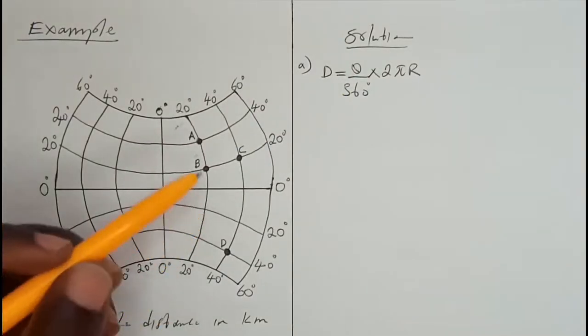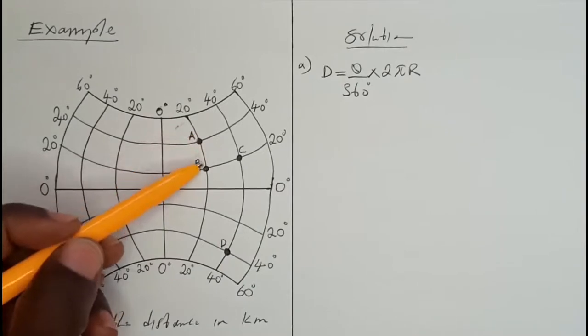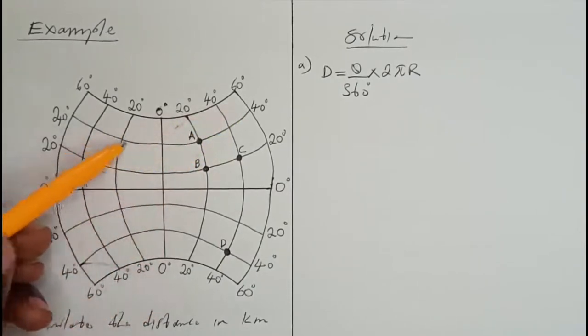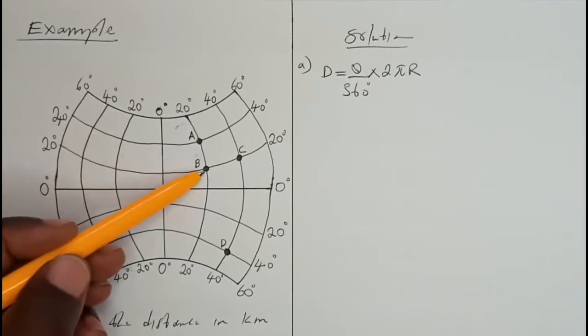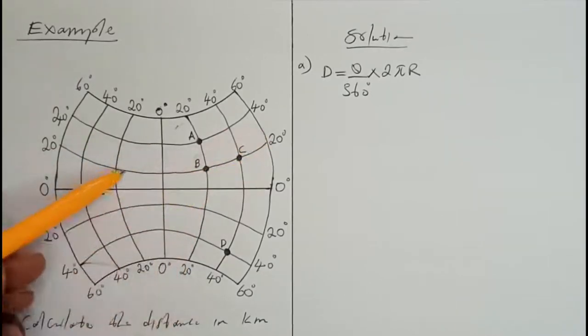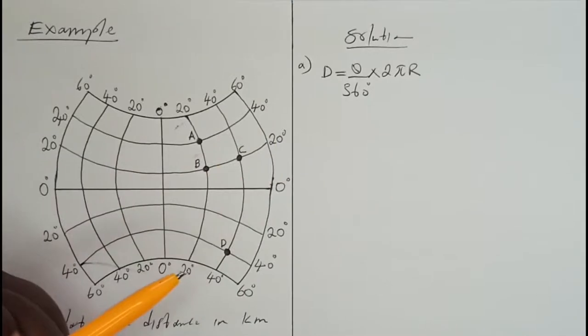If you check, A is found on latitude 40 degrees north, while B is found on latitude 20 degrees north.